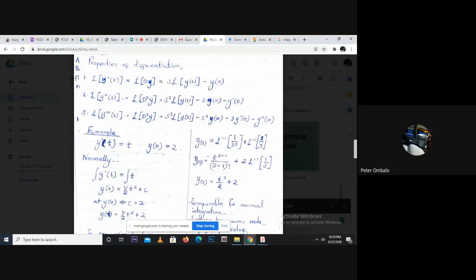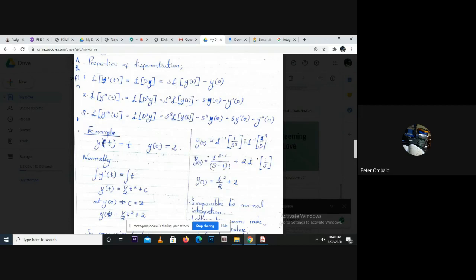Going back to our table of Laplace transforms, when you have 1 over s raised to any power, it gives you this in the time domain. So y of t is going to be t to the 3 minus 1 divided by 3 minus 1 factorial, where n here is 3.